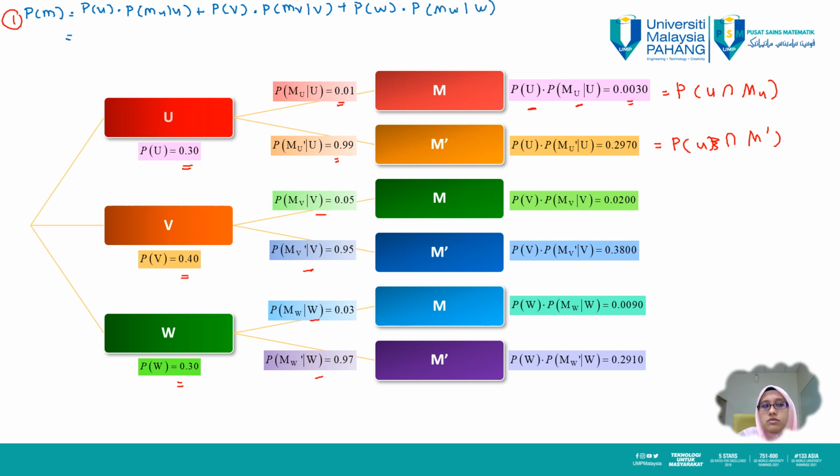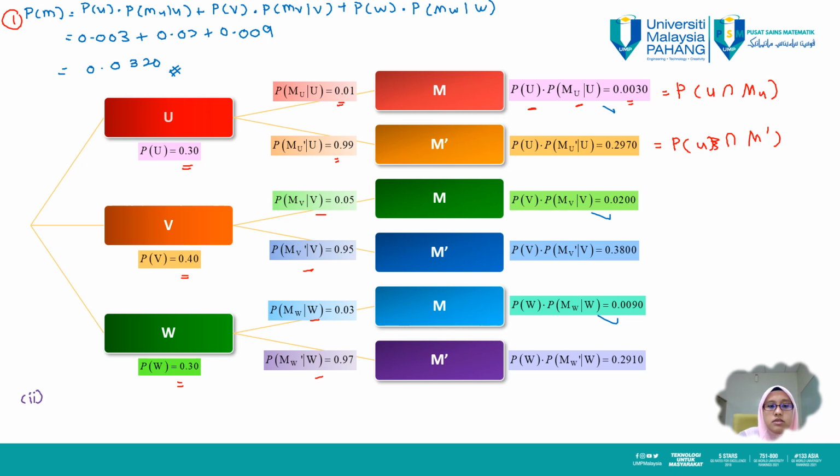So U multiplied by M given U, we have 0.003. And then plus the next one, 0.02, and the last one 0.009. So the probability of making a mistake by U, V, W is equal to 0.032. Okay, let's move to the second question.